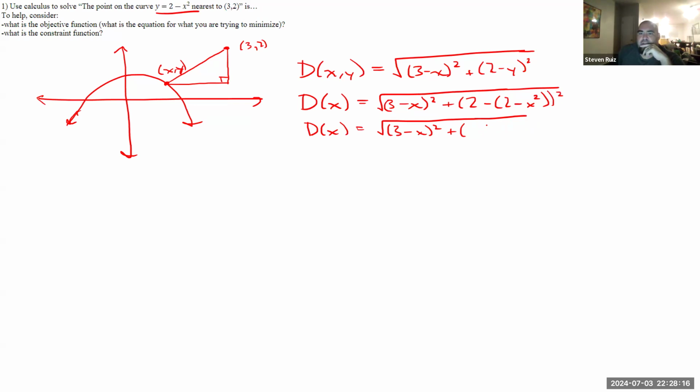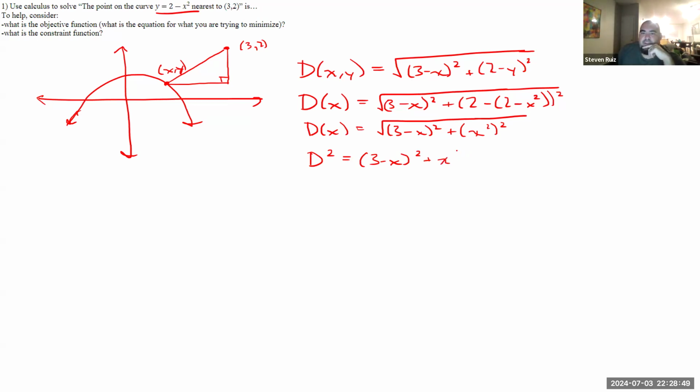So 2 minus 2 is 0, and then a minus x squared, so plus x squared. One thing I'm going to do here, even though it's totally optional, I'm going to rewrite this as d squared equals (3 minus x) squared plus x squared, which is x to the 4th.